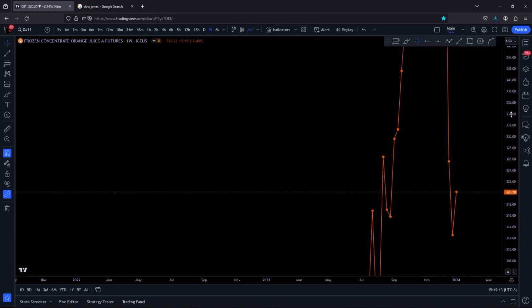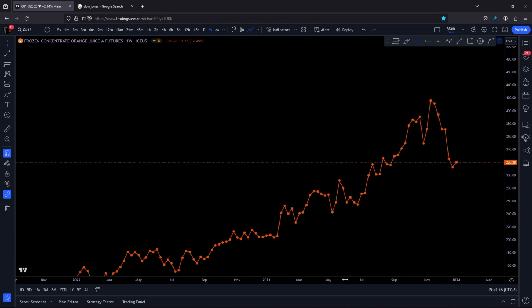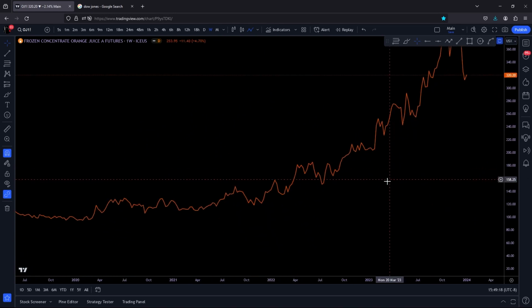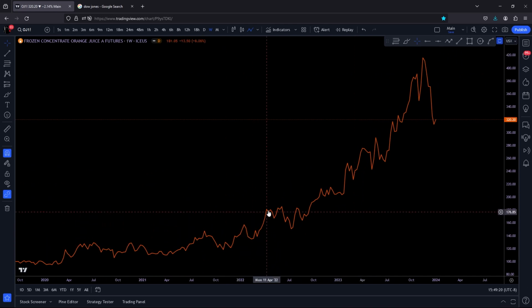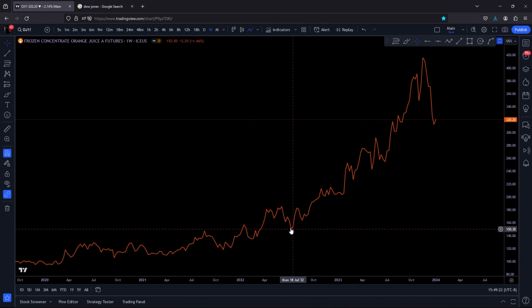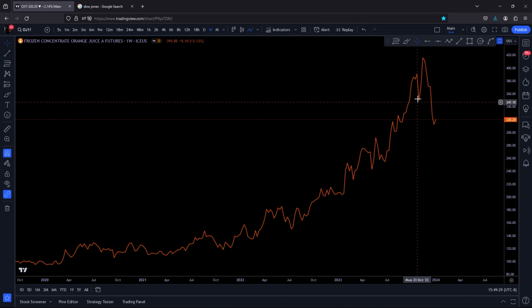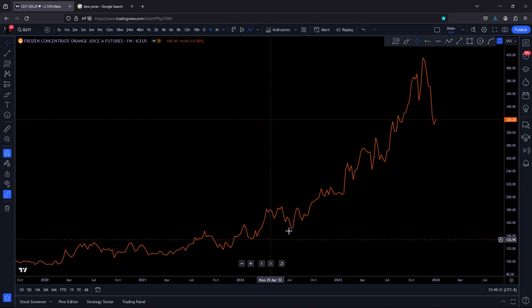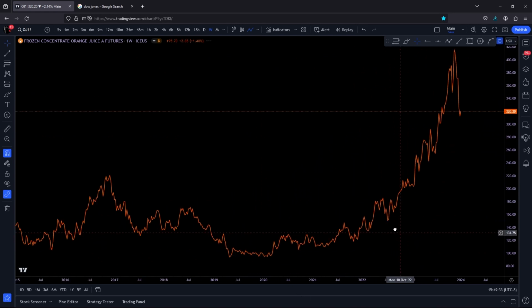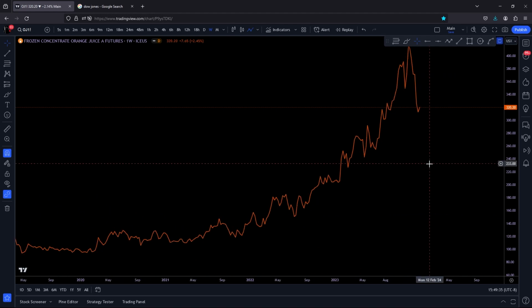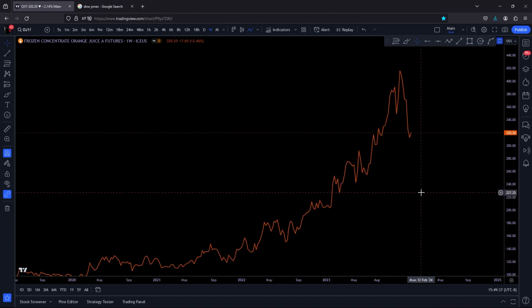So if we go to the weekly and we kind of squish this chart down, you do see higher highs and higher lows. Higher highs, higher lows, higher highs. So this is trending up. If you were a reporter and someone asked you, how's the orange juice market doing?